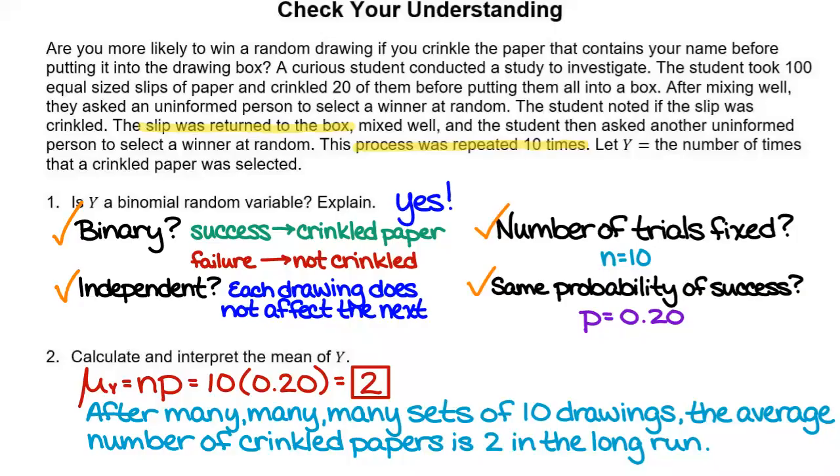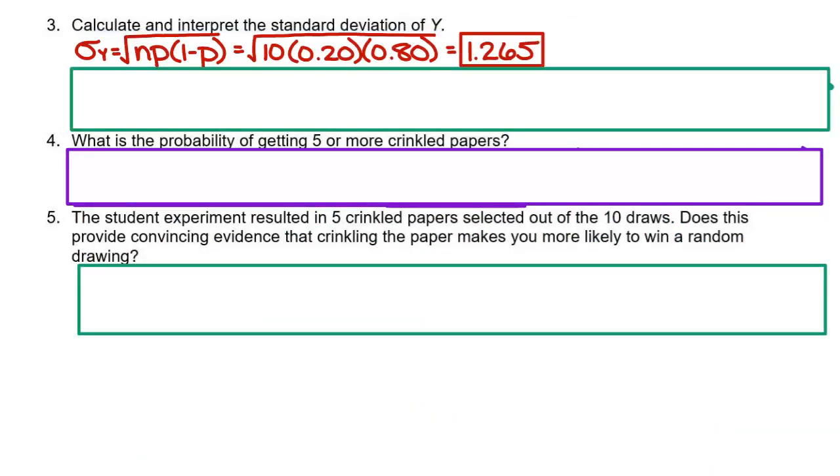So the square root of 10 times 0.2 times 0.80 would give us what? I got 1.265, ballpark-ish. If you rounded it to 1.26 because I had to round to get that, that's fine. How would you interpret that then?